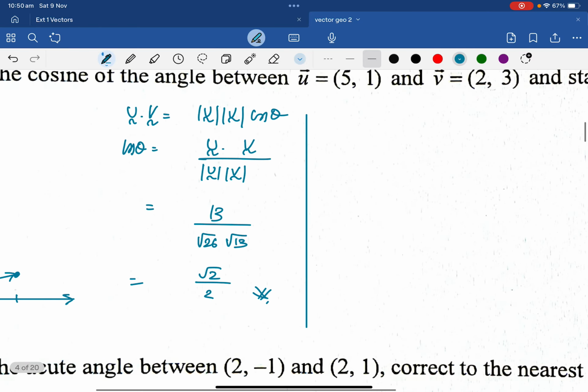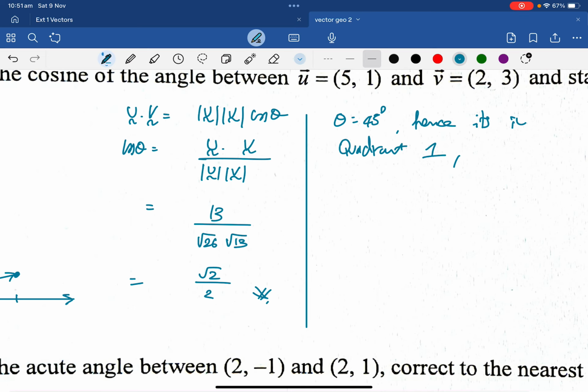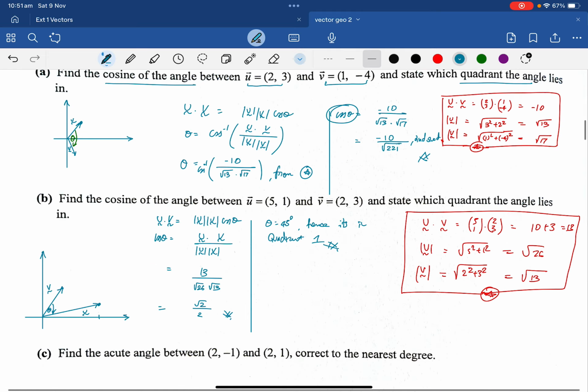So for the quadrant, you're going to be wanting to take cos inverse of root 2 on 2, and that happens to be 45 degrees. So theta is equal to 45 degrees, hence it's in the first quadrant. Easy. Okay, that's how you solve these types of questions.